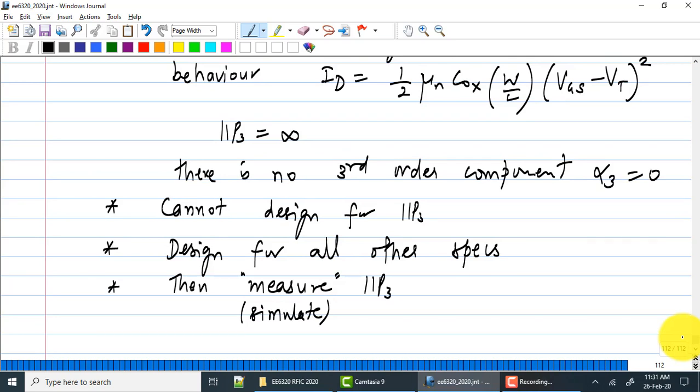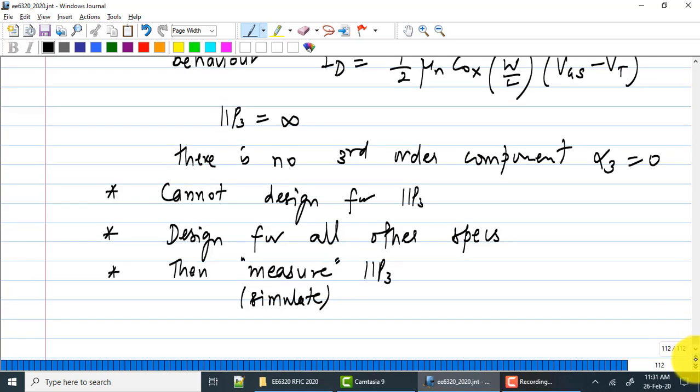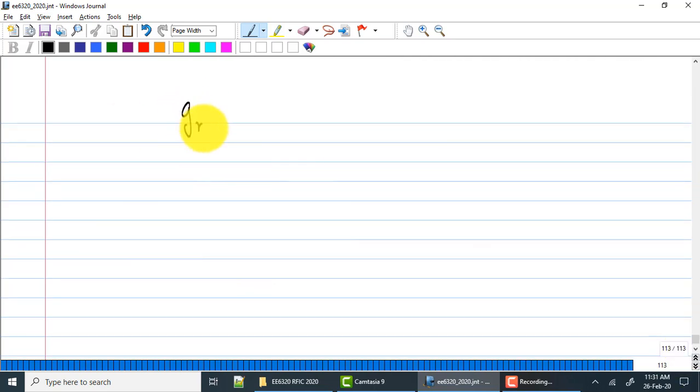Right? What is alpha 2? So I'm going to call that GM1. You can now see that by taking the successive derivatives of the transistor characteristics, you can get alpha 2, alpha 3, etc. empirically.